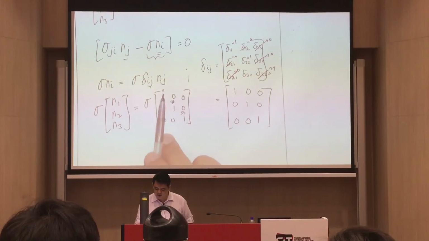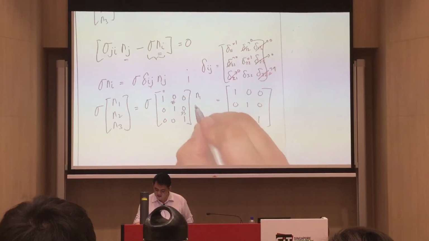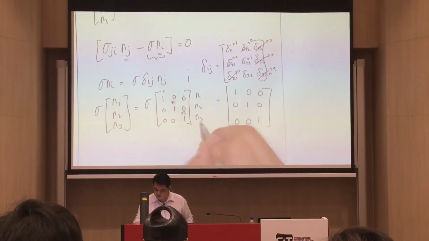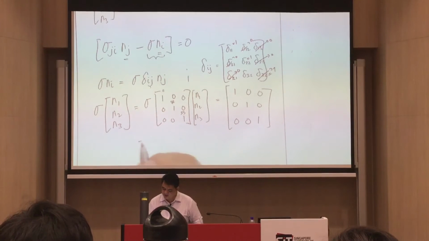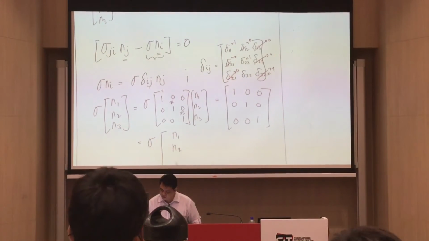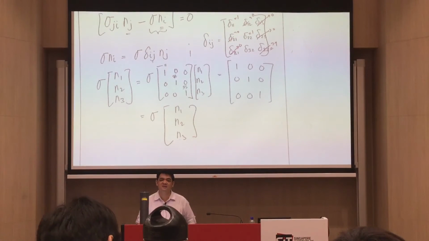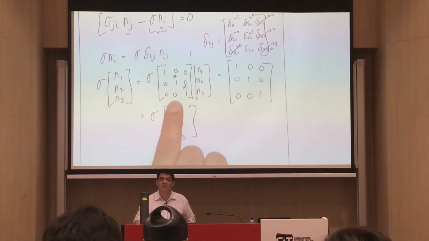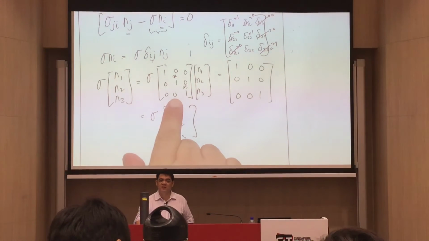So nj is equal to n1, n2, and n3. If you multiply this one there, you'll definitely get sigma n1, n2, n3. Yes? So you just need a multiplier delta ij, Kronecker delta.